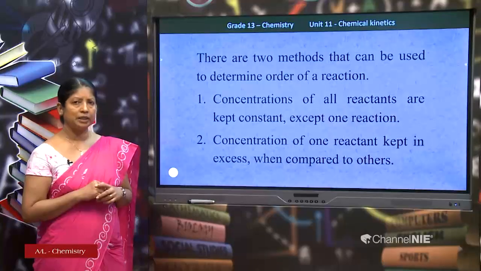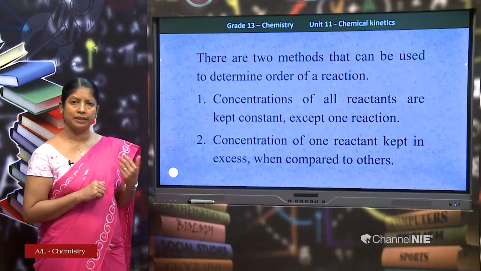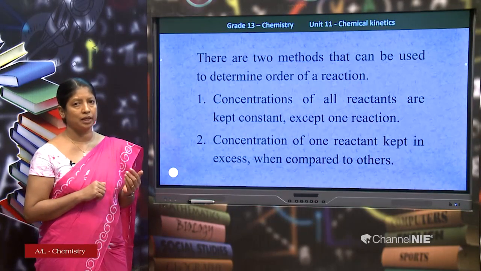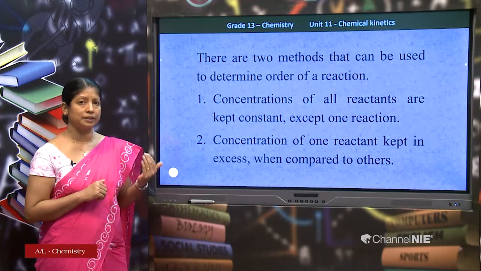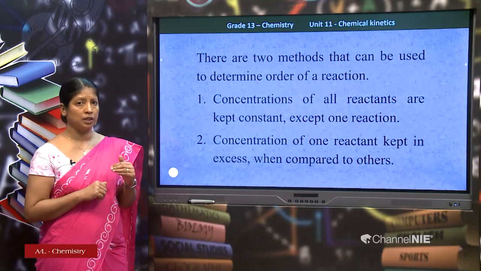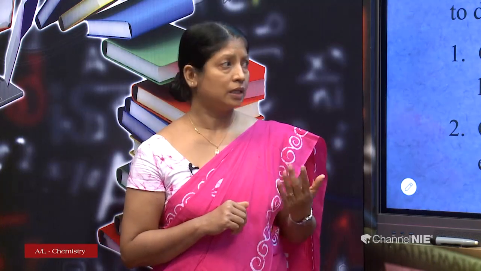The second method is, we keep one reactant in large excess, whereas the other reactant is at a smaller value. If you have two reactants, the concentration of one reactant is kept large with respect to the other one. Then the order with respect to the reactant which has the lower concentration can be calculated.